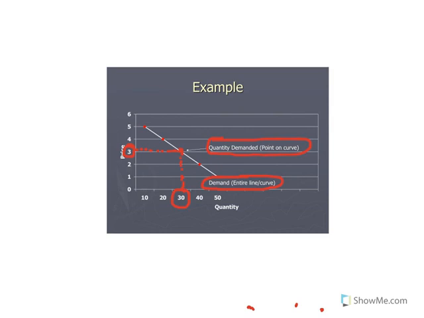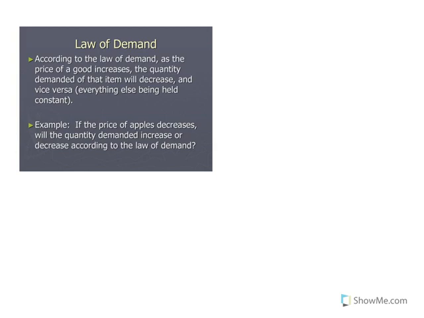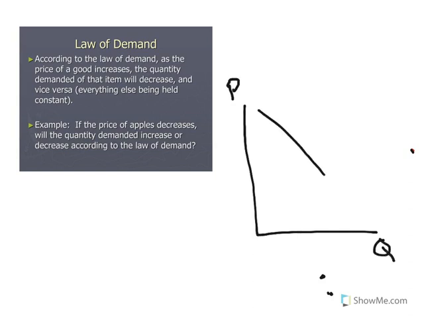So again, graphically, quantity demanded is a point along the curve, whereas demand for the good is the entire curve. Now on the previous lecture slide, we saw the slope of the demand curve was negative. In other words, there was an inverse relationship between price and quantity. So I can go ahead and reconstruct that right here where we see we have price on this axis and we have quantity on this axis, and our demand curve generally is downward sloping like so.